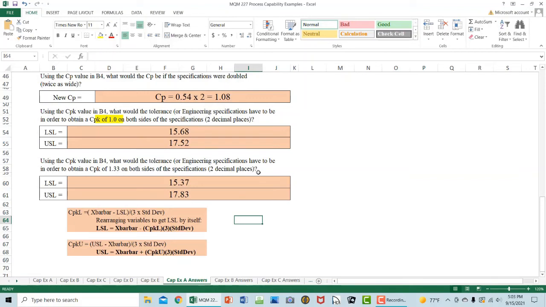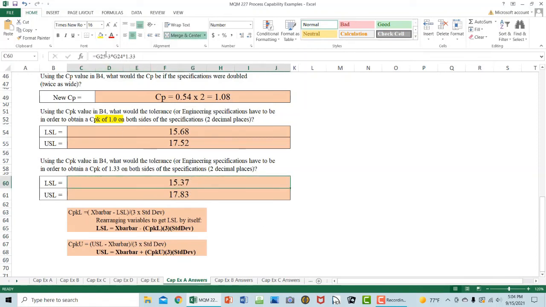Well, guess what? This formula is going to be very, very similar. We're going to go back to this one, and we're going to say the lower specification limit is going to be X bar bar, which is 16.6, minus our new desired CPK that we would like to see, and that would be 1.33, not 1 like in this one, 1.33 times 3 times standard deviation, and you'll come up with this number.